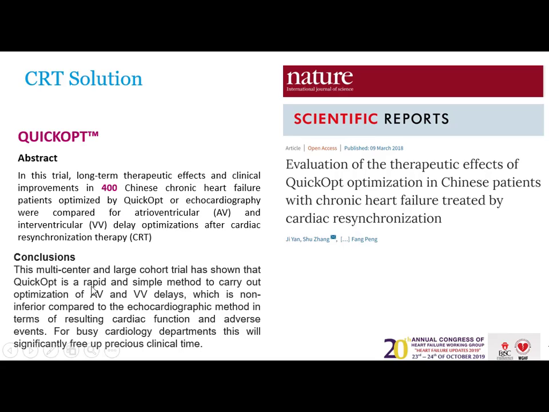QuickOpt is a rapid, simple method to carry out the optimization of the AV and the VV delay, especially compared to the echo, which is the gold standard. And they said this is good for our busy cardiology department, in order to reduce precious clinical time.